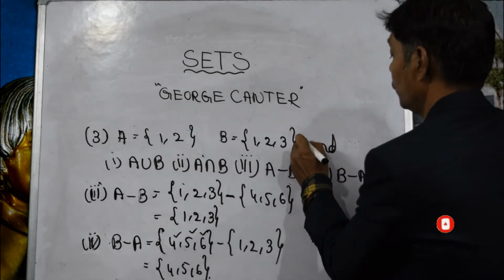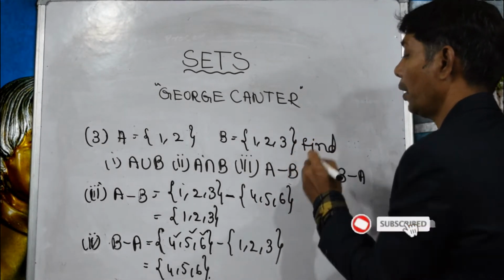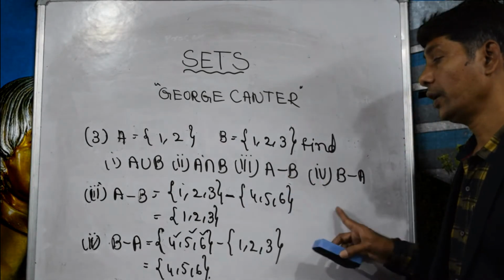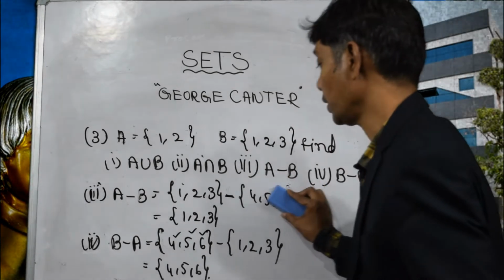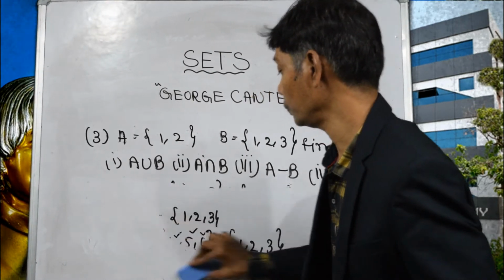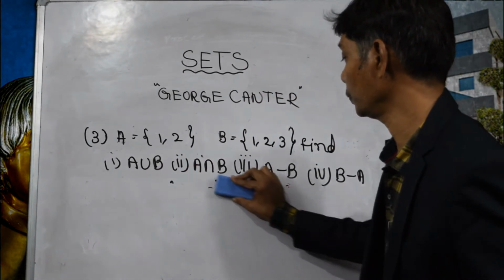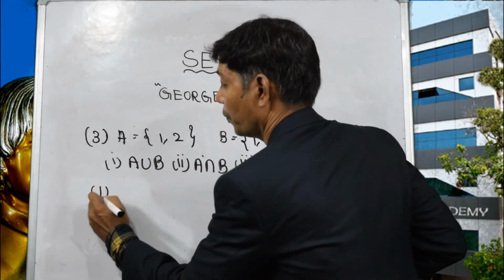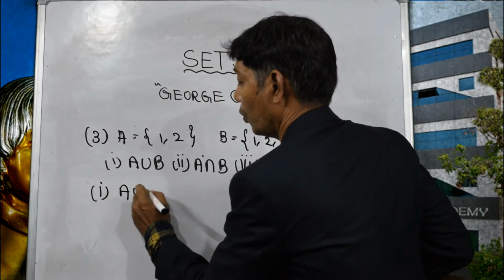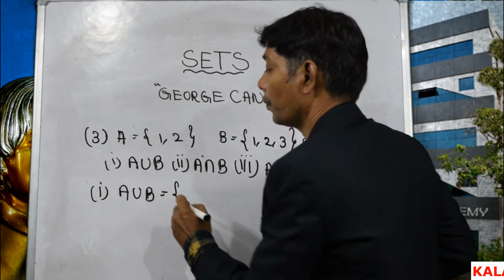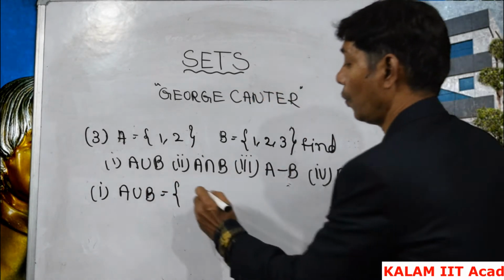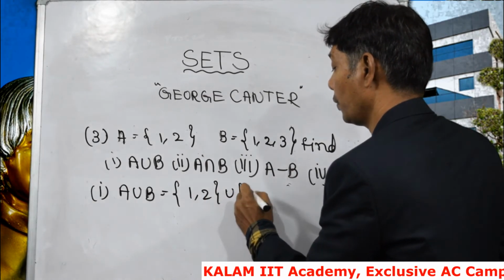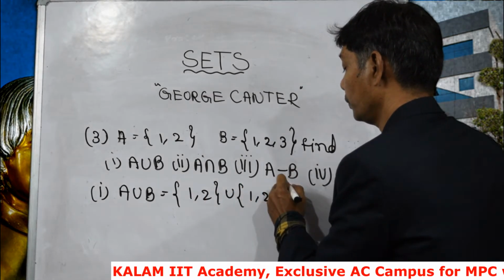Now find again A union B, A intersection B, A minus B, B minus A. See, A union B. What is A here? 1, 2. Union B, 1, 2, 3.